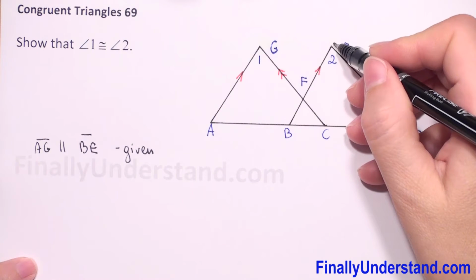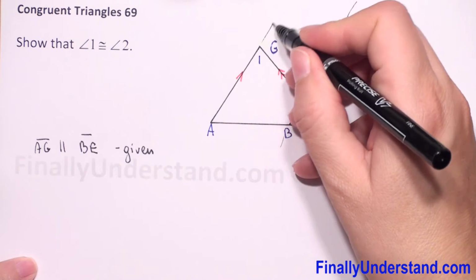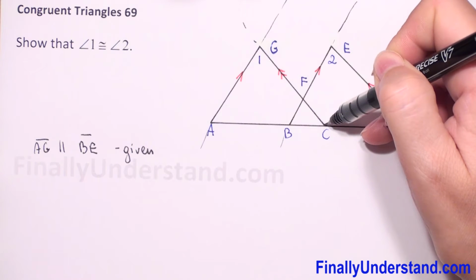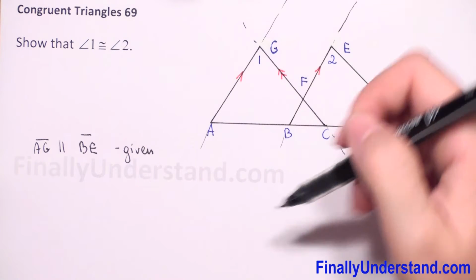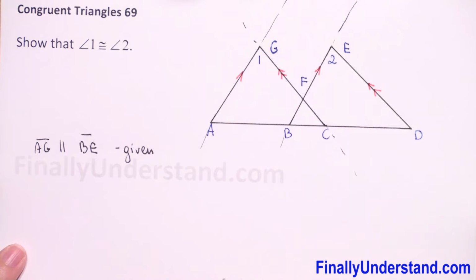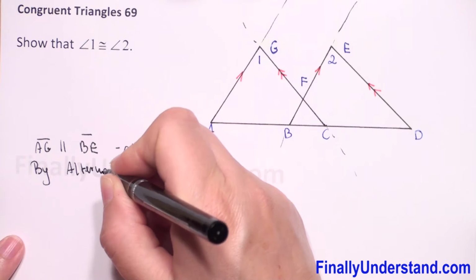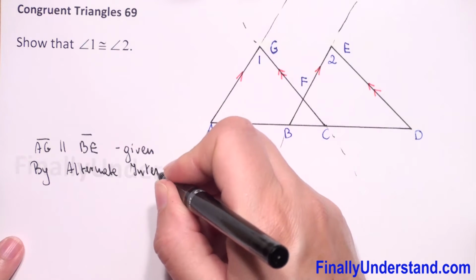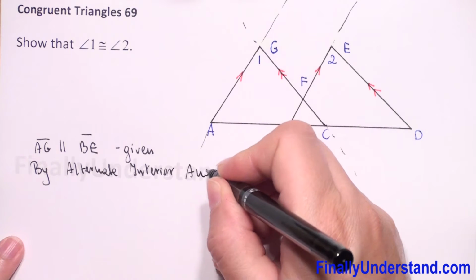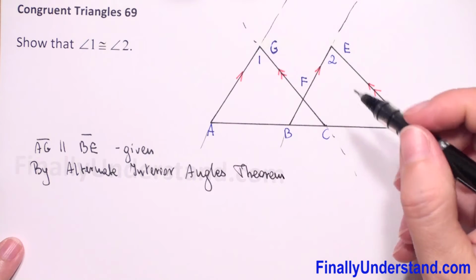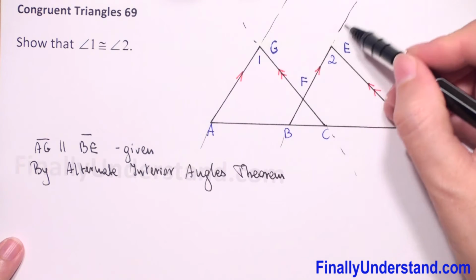So if we extend these two parallel lines, we see that CG, or GC, doesn't matter which way we put, is our transversal, and by alternate interior angles theorem, we have that these two lines are parallel.